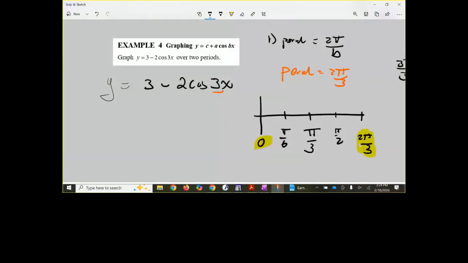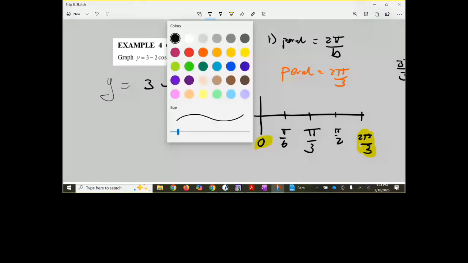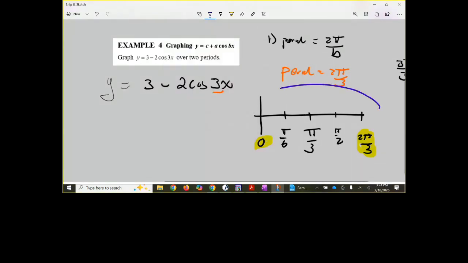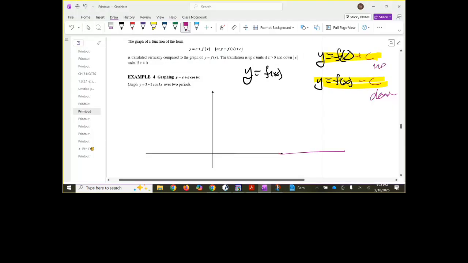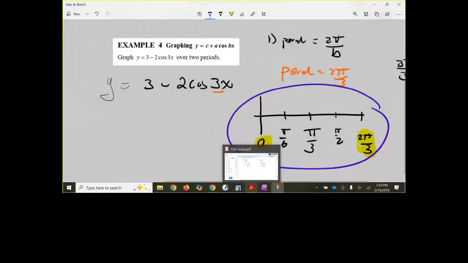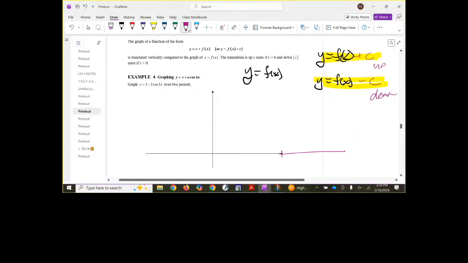All righty. So y'all, this is what I'm going to do. I'm going to take this, boom, and drop it down over here. Okay, so look, we had 0, and 2 pi over 3. Right here, I'm going to put 2 pi over 3.